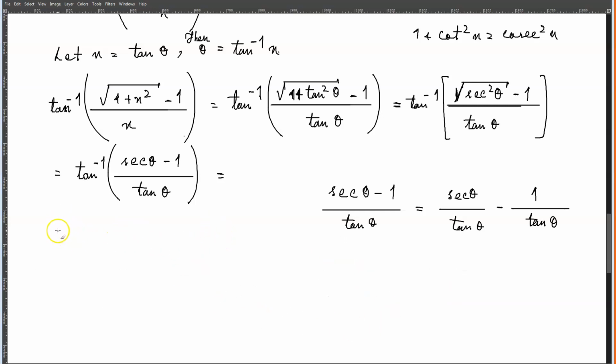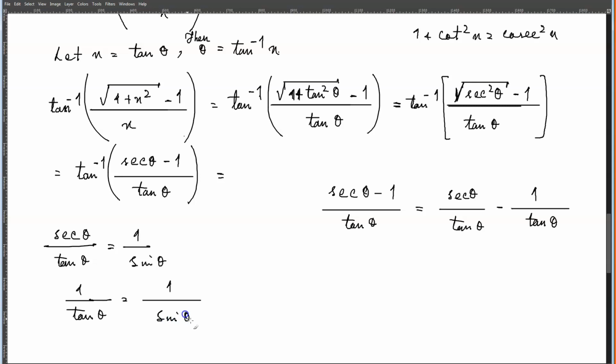So again, secant theta by tan theta, we said that it's equal to 1 over sine theta. Now 1 over tan theta is equal to 1 over sine theta by cos theta, which is equal to cos theta by sine theta, right?